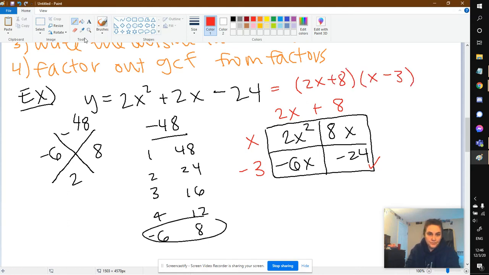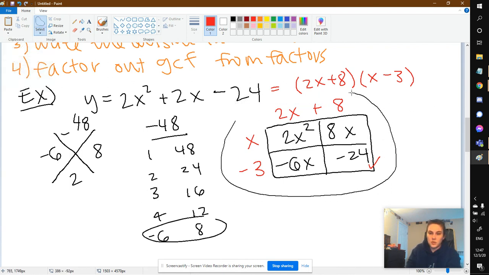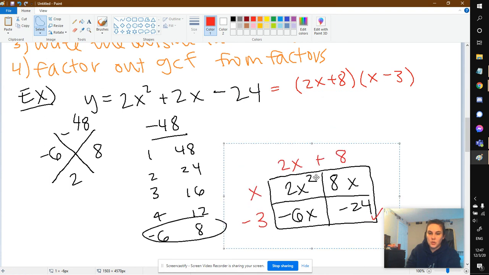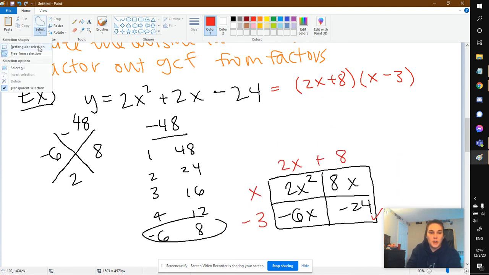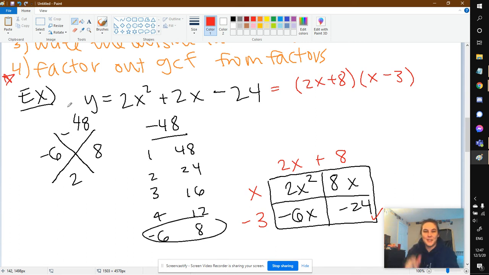And then for an example of what this final step is talking about. Sorry, I had to get all there to get there. When you're at this final step, it says factor the GCF from factors. That just means when we've got this factor, a 2 and an 8 are both divisible by 2.